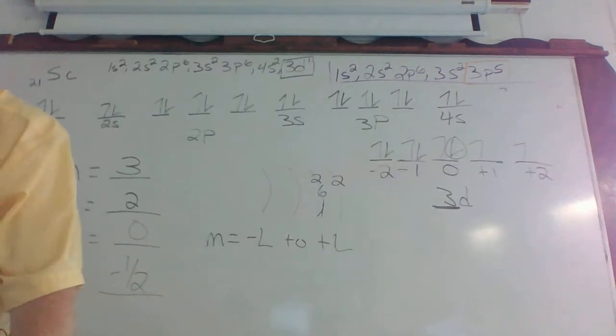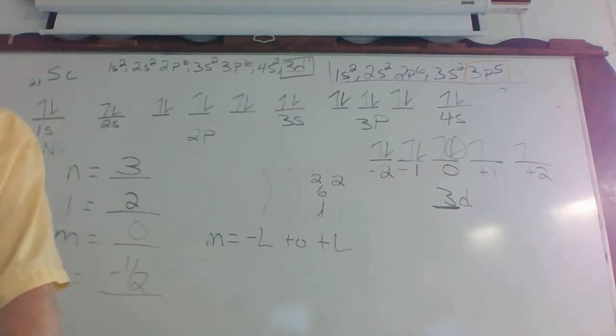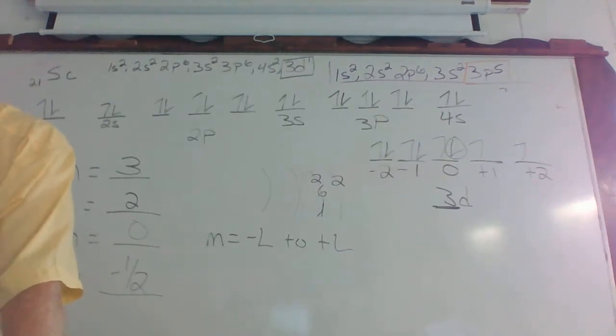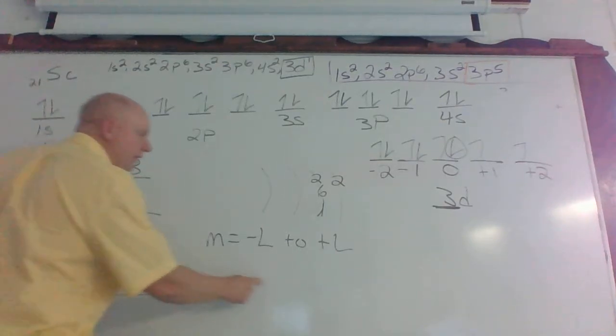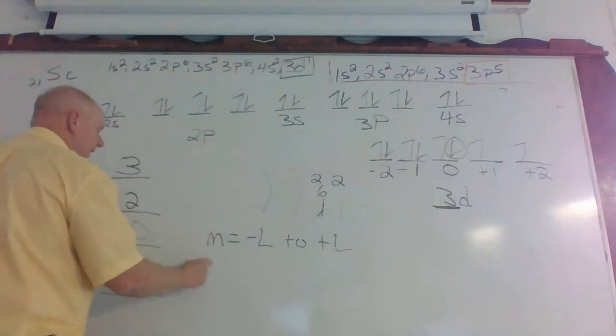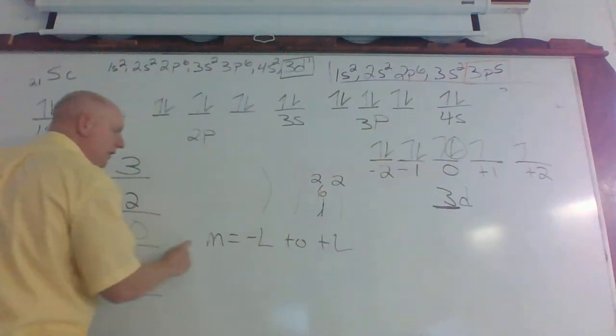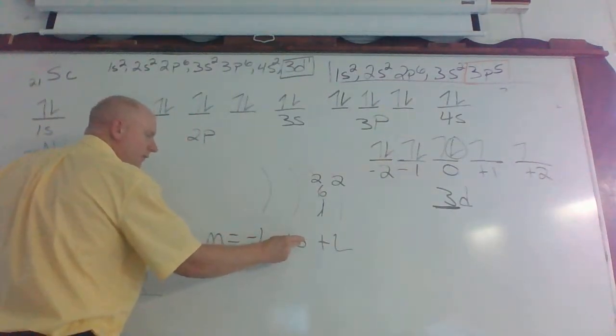The next heading, it says magnetic quantum number. So what it says, the magnetic quantum number, symbolized by M, indicates the orientation of the orbital around the nucleus. Values of M are whole numbers including 0, from negative L to positive L. So that's why we write this here. Whatever you establish the value of L is, you have to include 0.